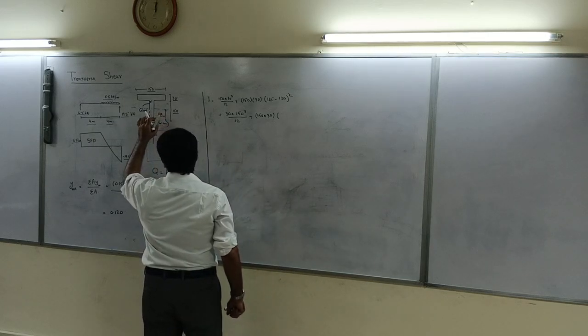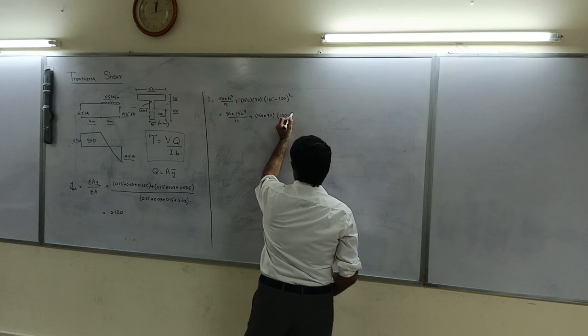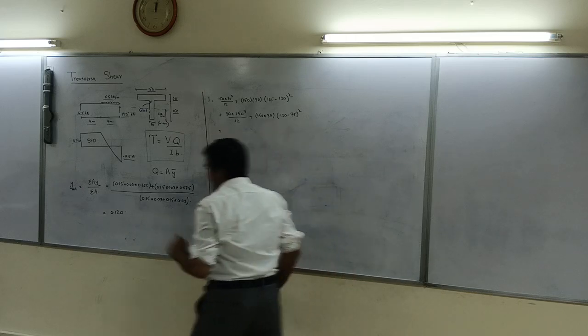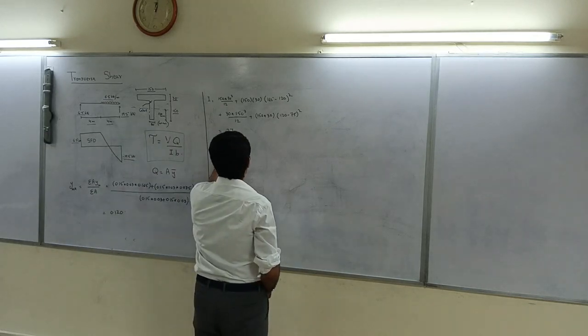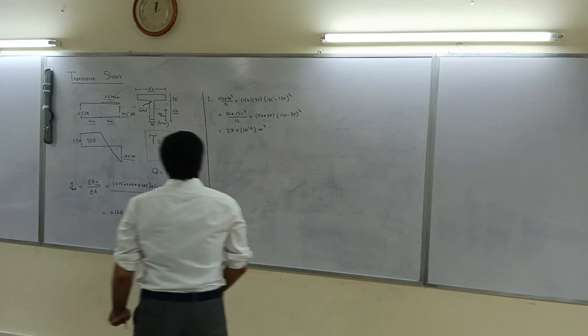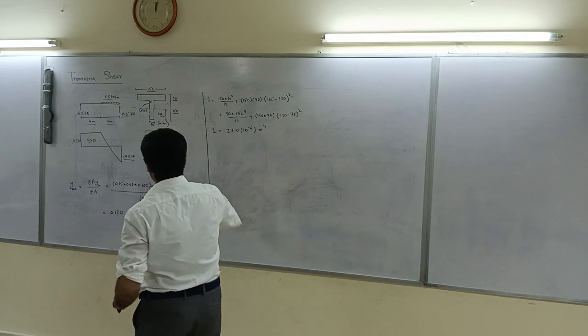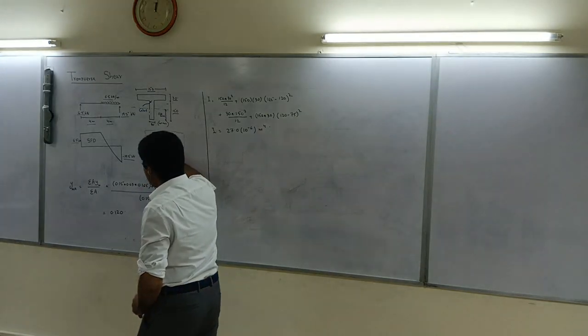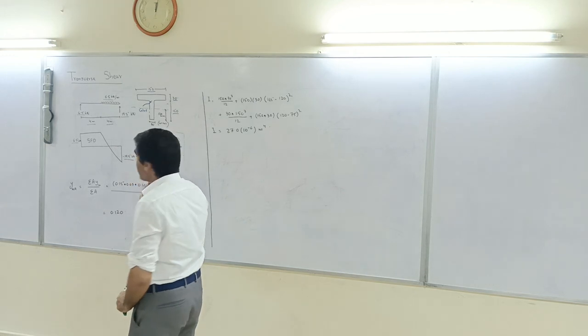Its centroid would be 120, and that comes out to be our moment of inertia, I. So I is known, B is 150. Now what we need is Q.